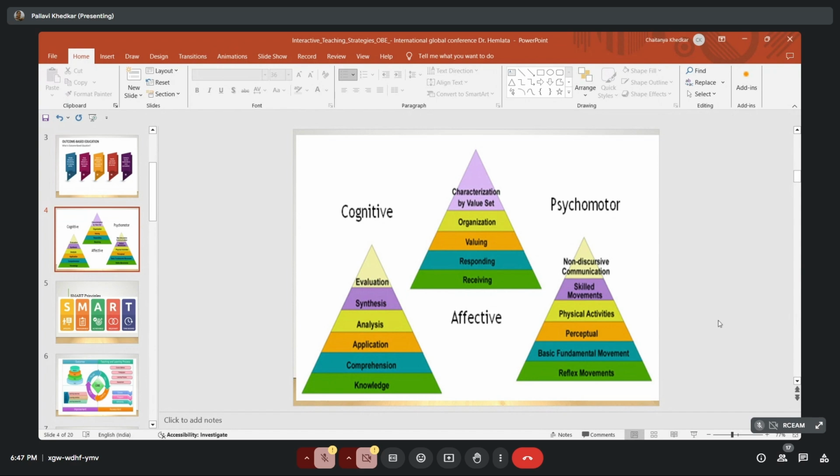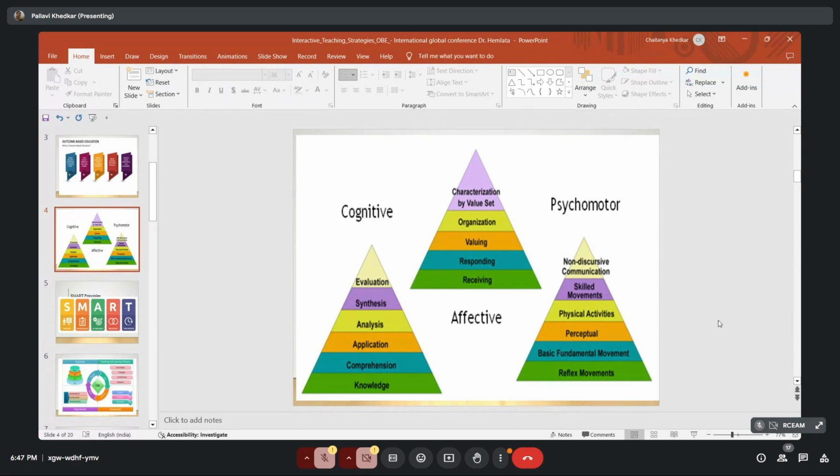It is a taxonomy where we have to take the students from knowledge till evaluation or creation. The new taxonomy talks about creation as well. So from knowledge to creation, we have to take the students, and there the student should know what exactly he has to do further in the class.